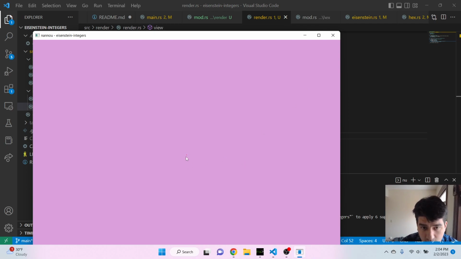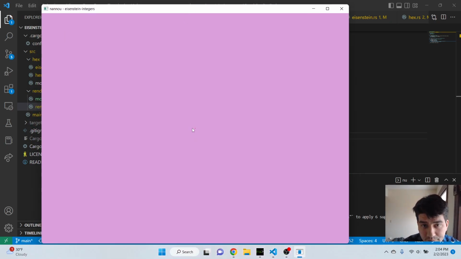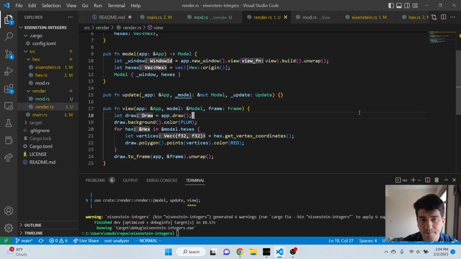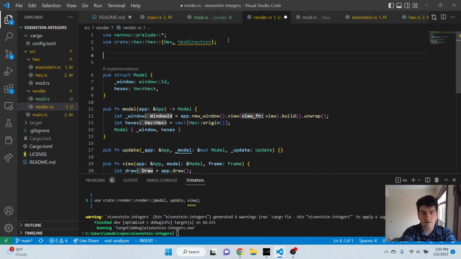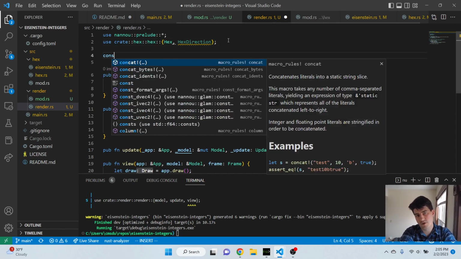Okay, there's a little tiny something in there. But it's because this is probably in terms of pixels. So let's just add a scalar for now. Const.